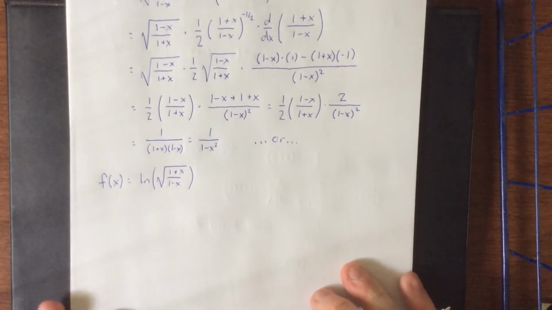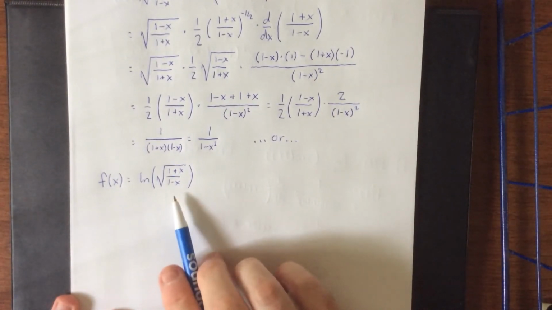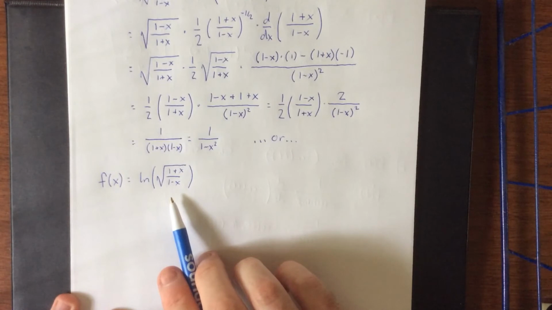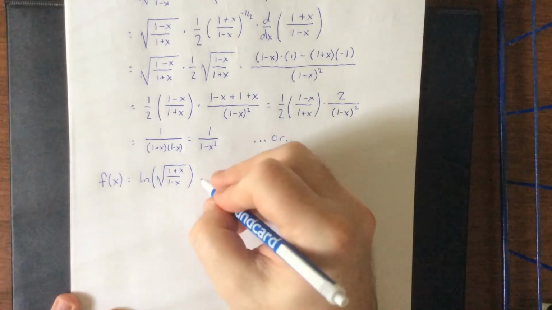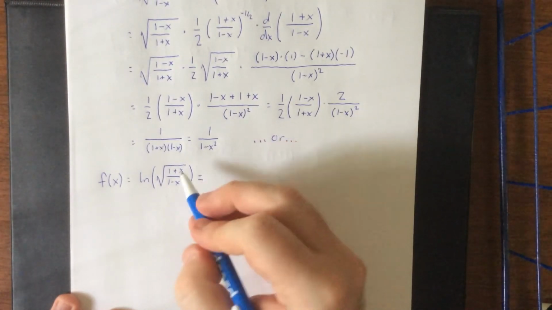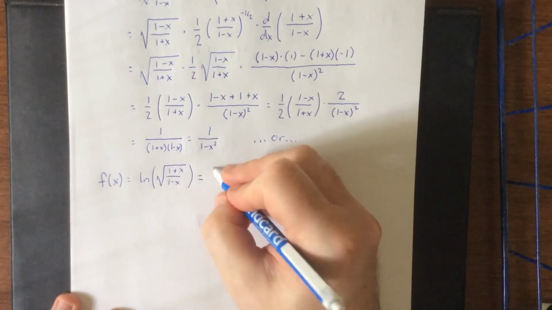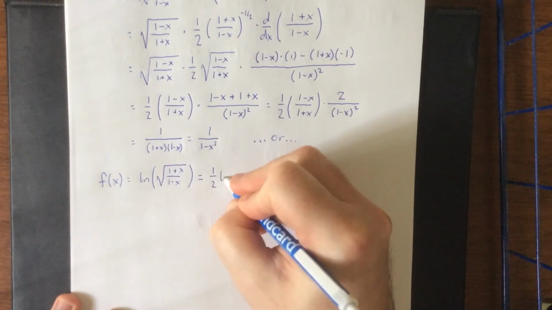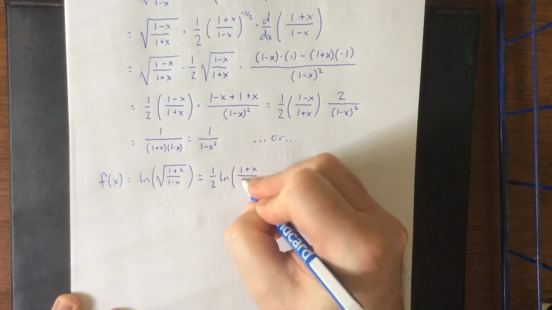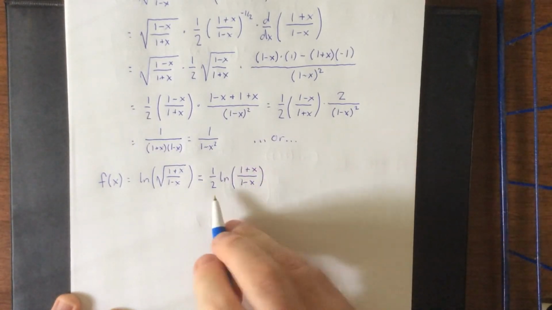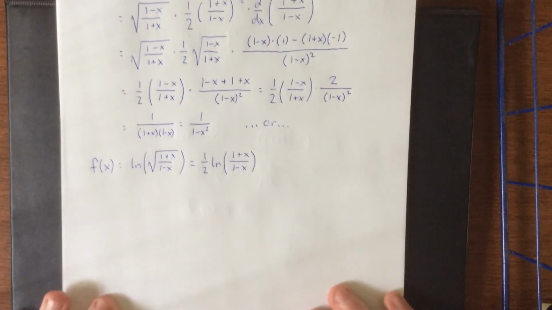There are rules for expanding a logarithm, referred to as the product rule, or product property of logarithms, the quotient property of logarithms, and the power property of logarithms. Treating the square root as a 1/2 power, if your argument is raised to a power, you can bring the power down as a coefficient. So we can transfer the 1/2 power from the square root to a coefficient of 1/2.